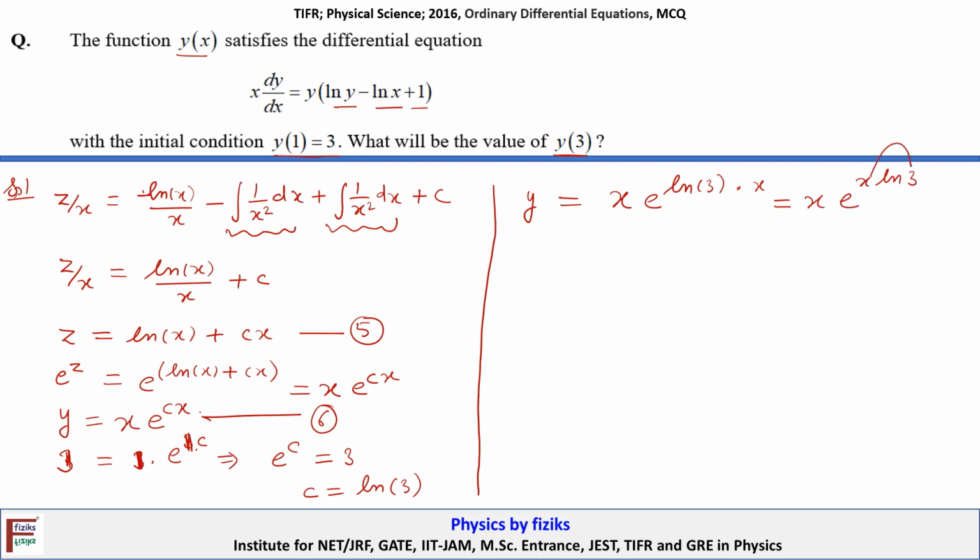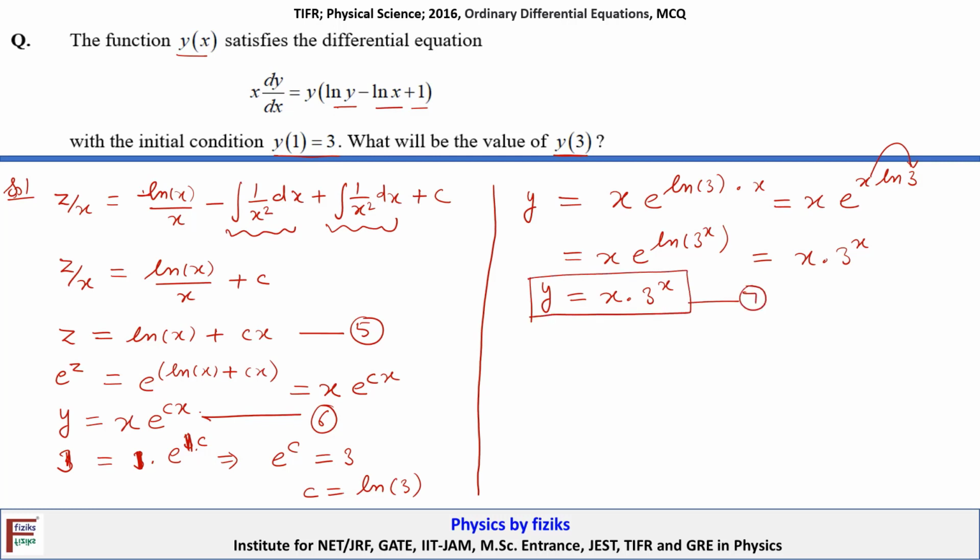Taking the power of power, we can write x into e to the power ln of 3 to the power x, and from here x into 3 to the power x. That is our final solution, y is equal to x into 3 to the power x. Say this is equation number 7.